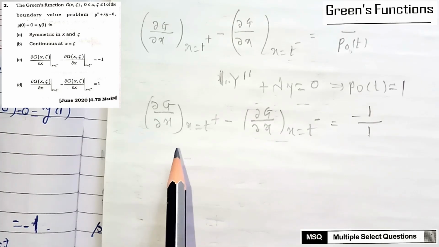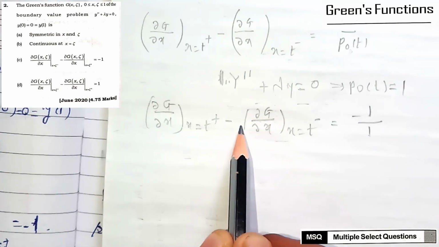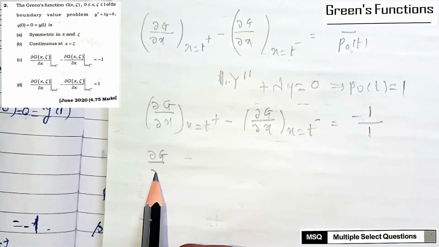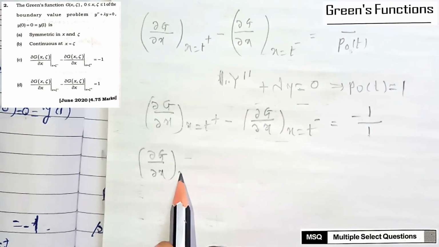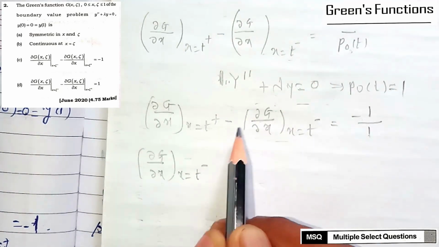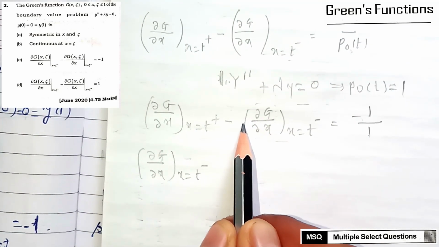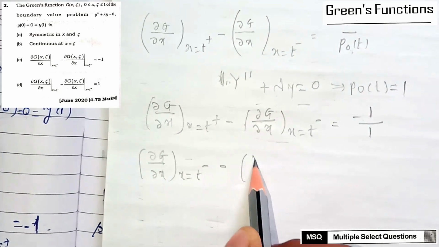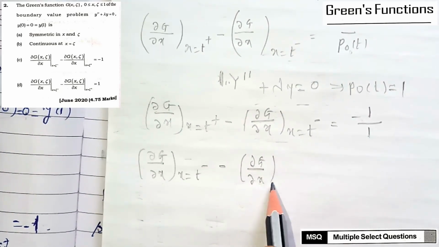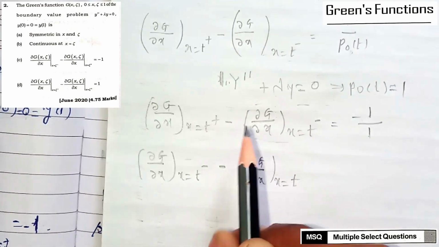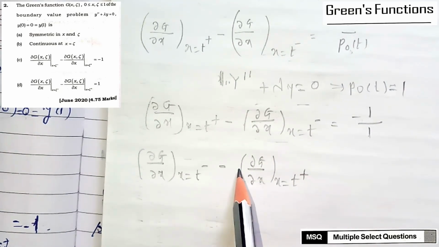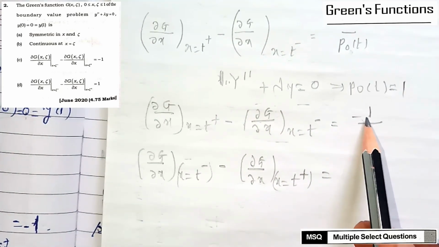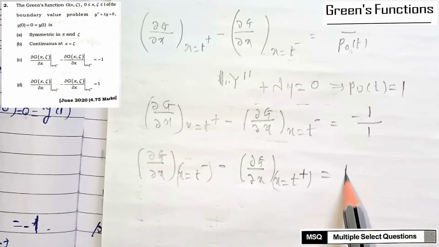So this term becomes negative, this term positive, and this term positive: ∂g/∂x at x equal to t minus, minus ∂g/∂x at x equal to t plus, equal to minus 1 multiplied by minus 1, which is 1.